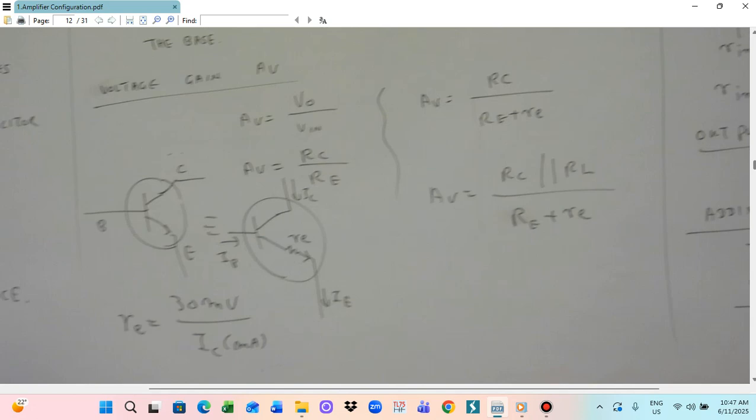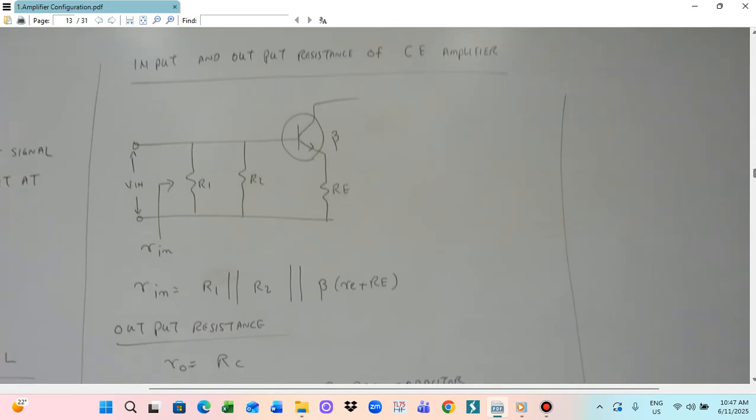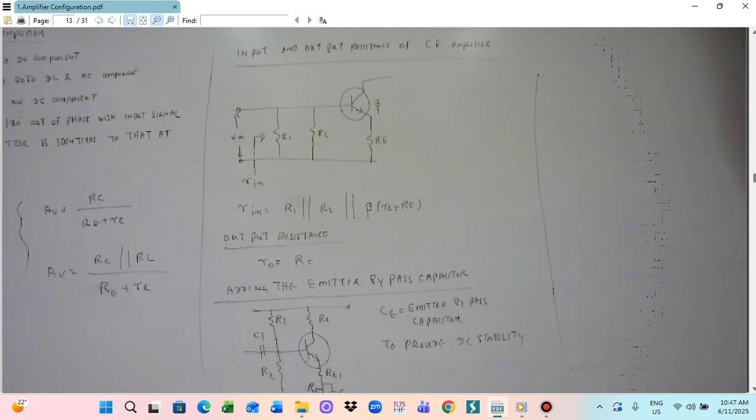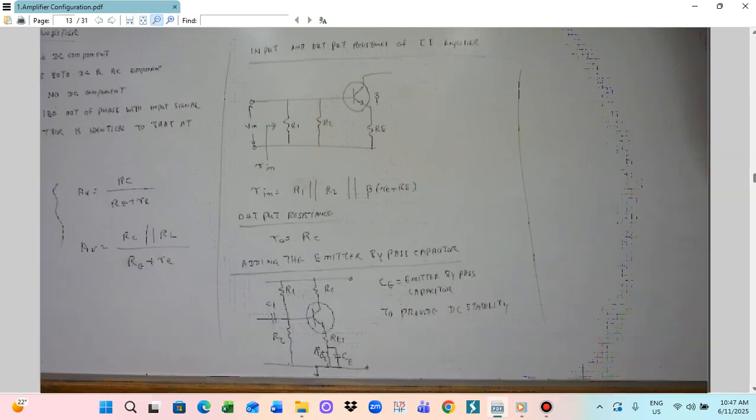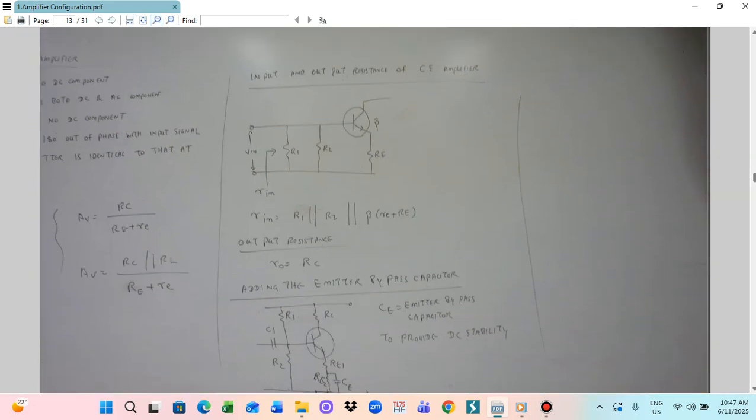So for the common emitter amplifier, AV will change: RC plus RL divided by RE plus re. Once we find the input and output resistance of the CE amplifier, then we use the CE amplifier like this. So this is the RE.